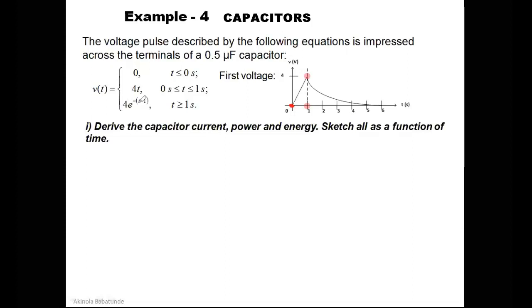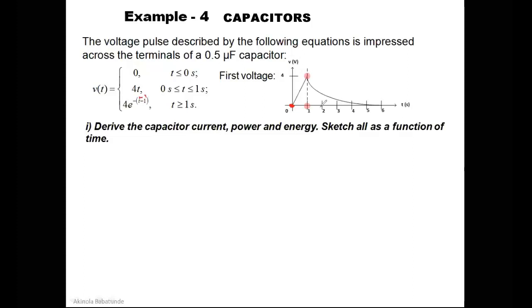When t is 1, you have 1 minus 1, which gives us 0. So you have 4 e to the power of 0, and e to the power of 0 is equal to 1. So when t is 1, just like we said, our v of t will be equal to 4. So at this point, we have this.